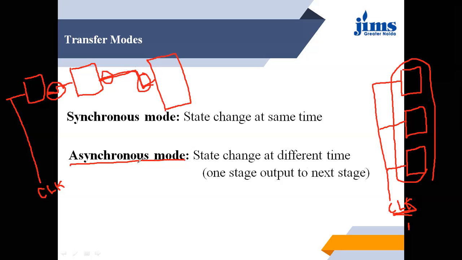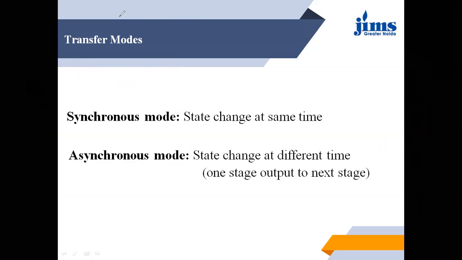So in asynchronous mode, the output of one flip flop is going to feed as a clock to the next flip flop, or the value of the next flip flop is going to be changed based on the earlier output of the flip flop. So this is called asynchronous mode.